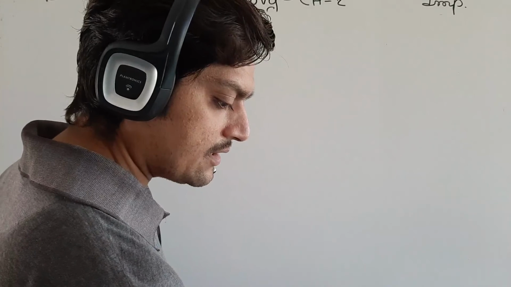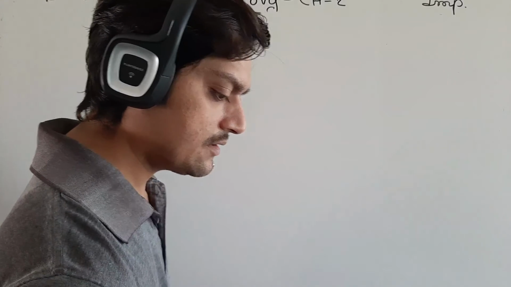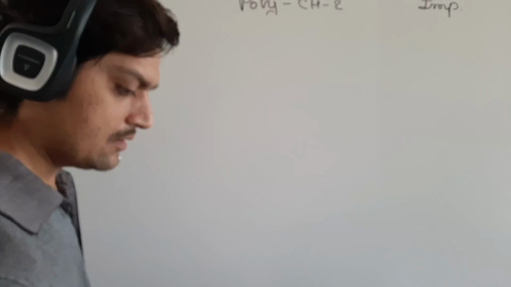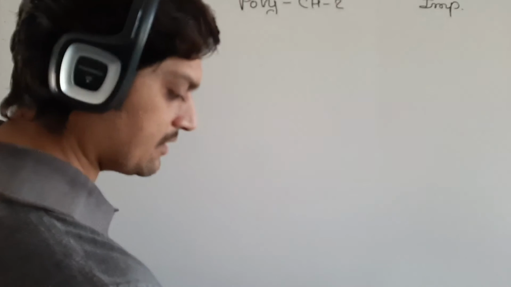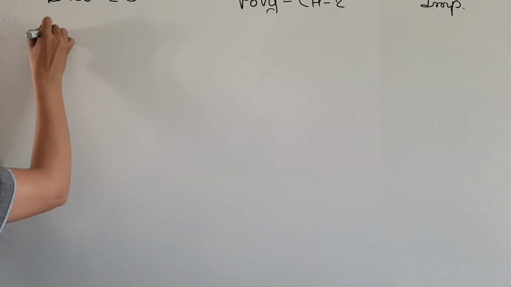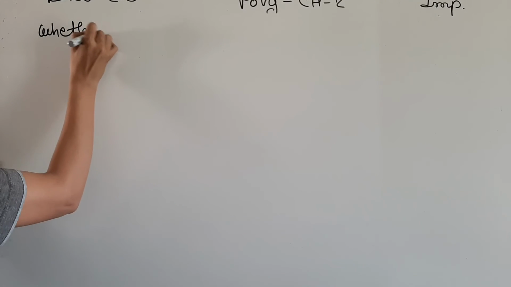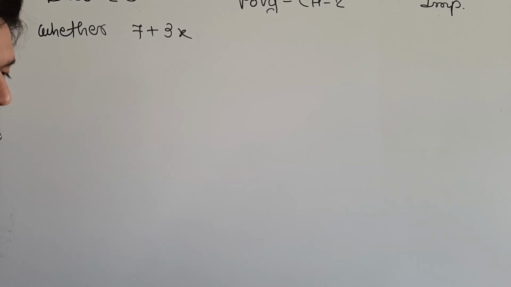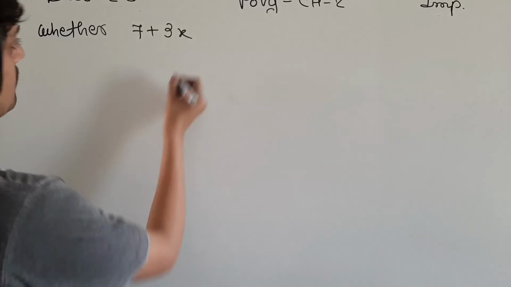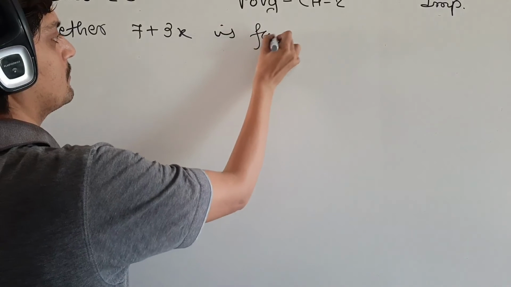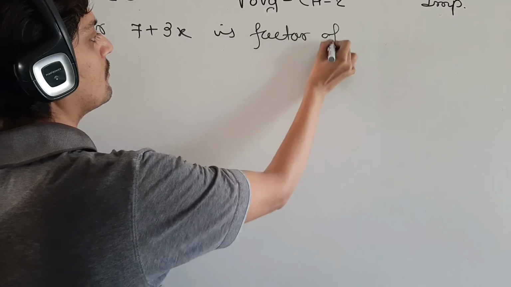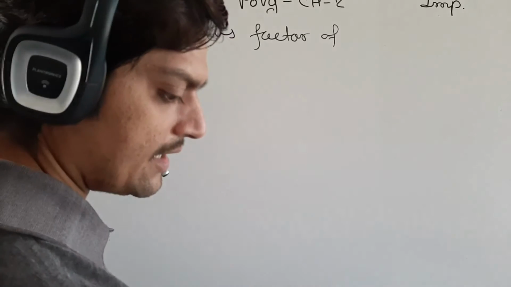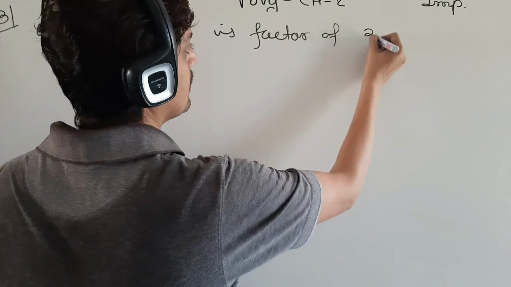Third question: check whether 7 plus 3x is a factor of 3x square plus 7x.